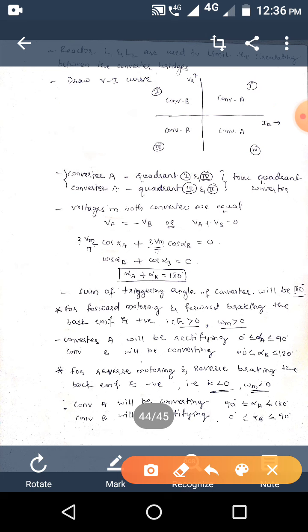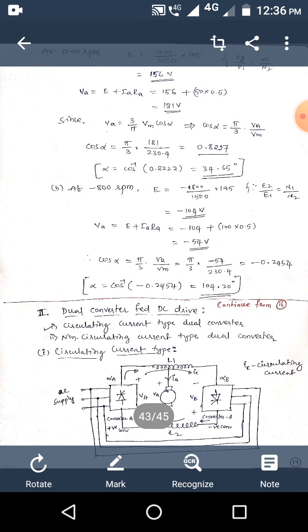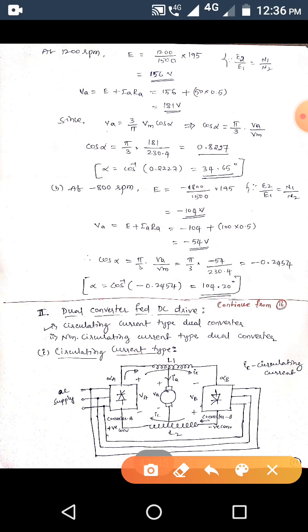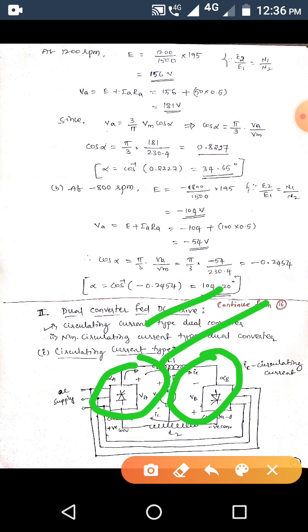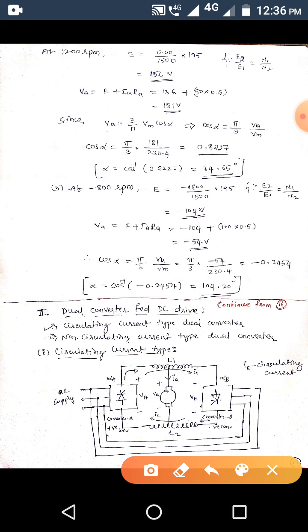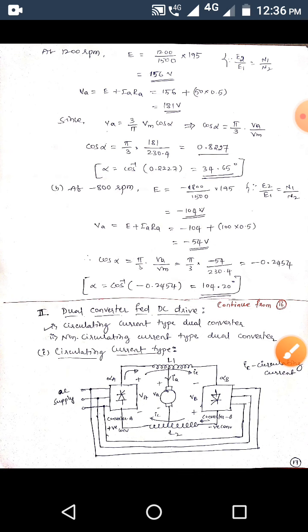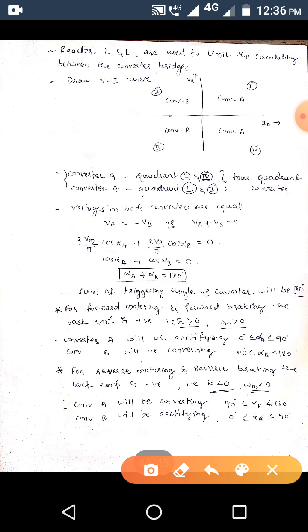Then whatever output voltage we get will be equal. The output of converter A and the output of converter B will be equal, even though the current flowing in these two converters is negative, so both voltages are equal, that is VA is equal to minus VB.